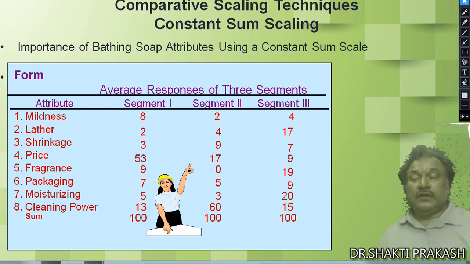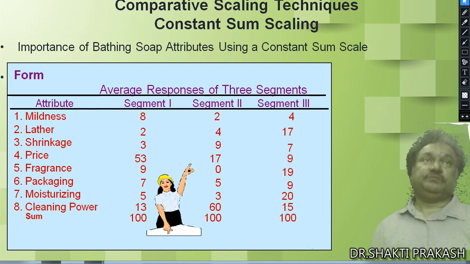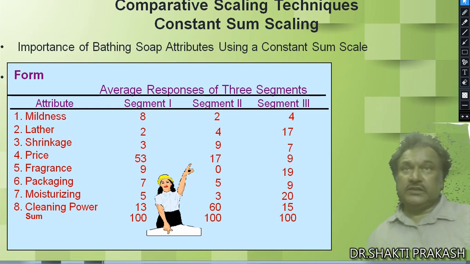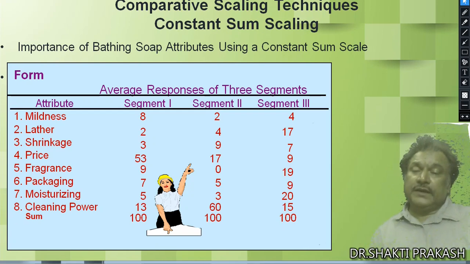Then again we will discuss the next most important, and the next most important, up to the influence of the researcher or decision maker. It will be decided by the researcher or decision makers which type of attributes should be added to this bathing soap product.